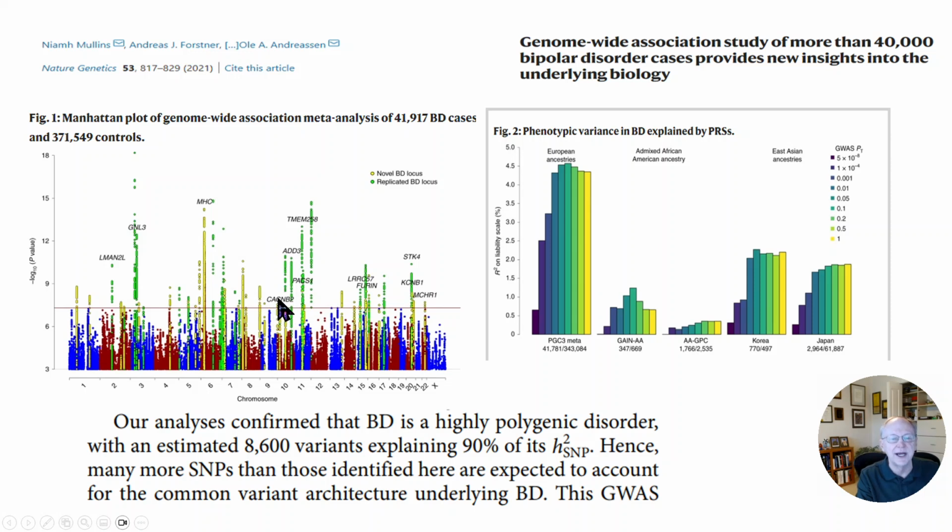Here's a calcium channel gene. This is an autoimmune gene, the major histocompatibility complex. Most of these others are genes involved in neurogenesis. Right now, most of these samples are from Europeans, so they're explaining most of the variants in Europeans, and that's why there's a big push on to develop samples from all over the world.